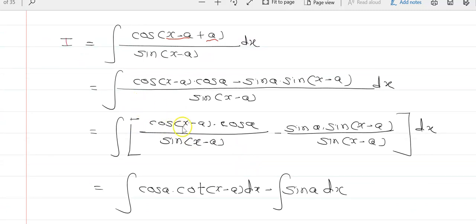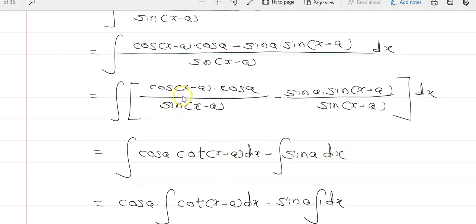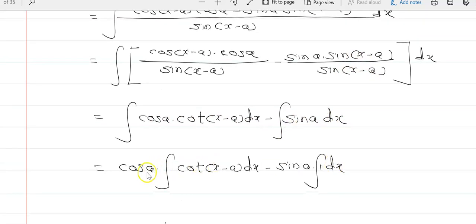that is the integral of cos of (x − a) into cos a upon sin of (x − a), minus sin a into sin of (x − a) upon sin of (x − a). And cos of (x − a) upon sin of (x − a) becomes cot of (x − a) into cos of a, minus sin of (x − a) upon sin of (x − a) gets cancelled, you will get sin of a dx. Therefore cos of a into the integral of cot of (x − a) dx minus sin of a into the integral of 1 dx.